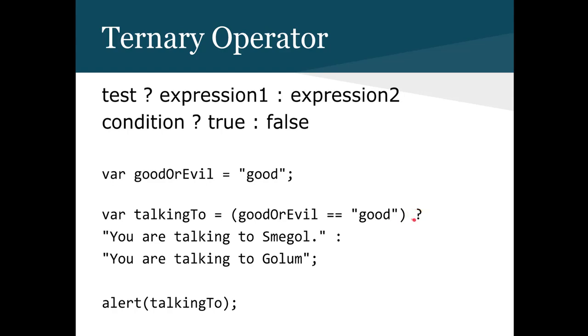See that question? Is good or evil equal to good? Right now it happens to be equal to good. So we know that we are talking to Smeagol because that's the first part of this equation, this before the colon, and then afterwards, if good or evil was anything other than good, then we can assume we are talking to Gollum.